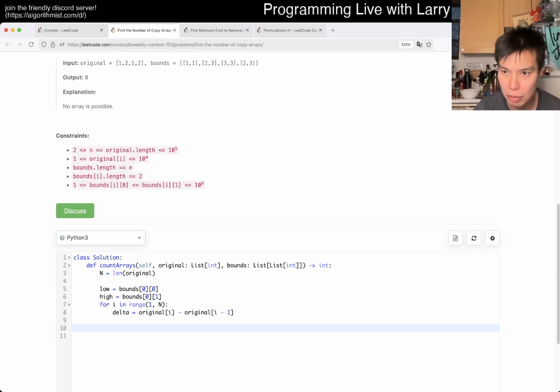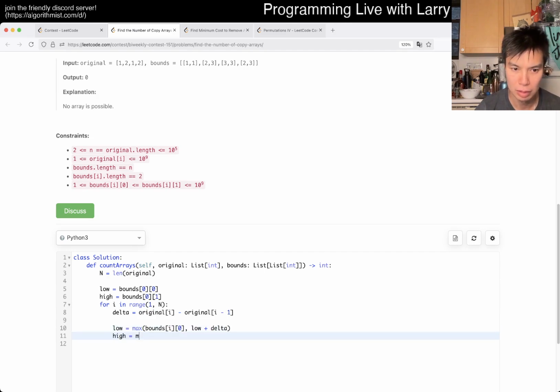Okay, so now we want to update low. Lower bound is equal to either the new lower bound or low plus delta, right? Something like this.